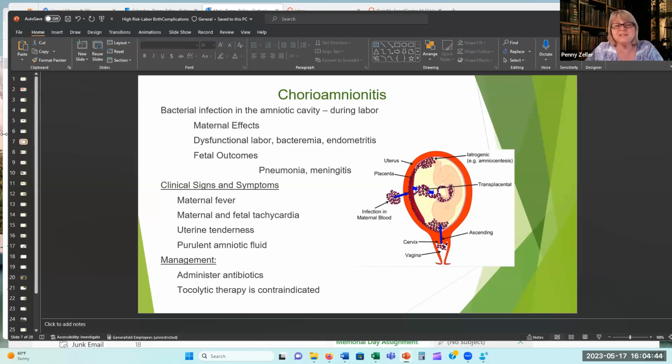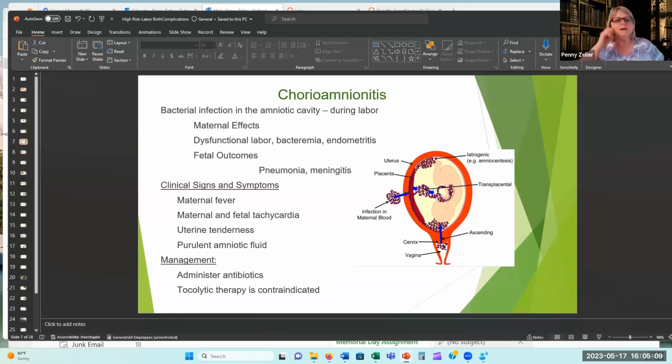If we do an amniocentesis late in pregnancy, there's an increased risk of infection. And the last one would be vertical transmission, in other words, coming from the vagina. So those are the routes that bacteria can invade the amniotic fluid.